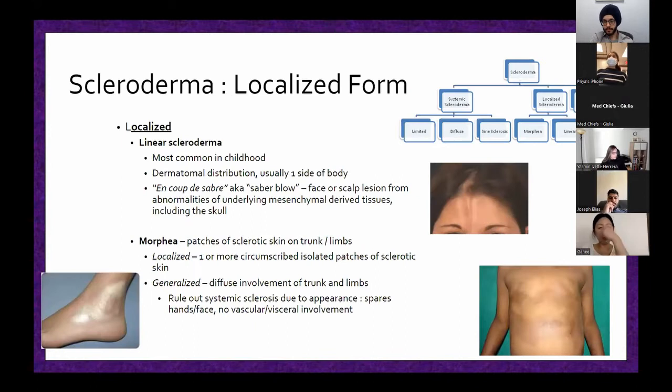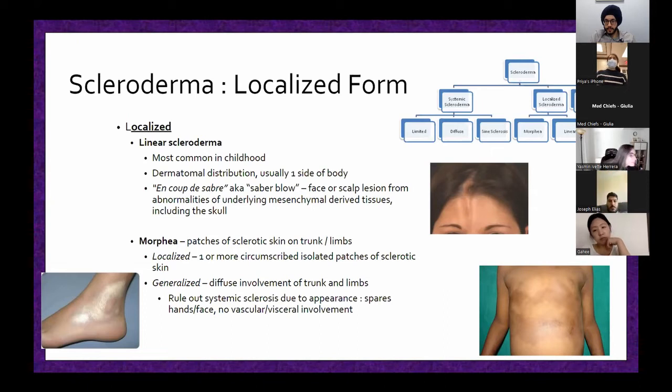So the localized form is called linear scleroderma, which most commonly presents in childhood, and usually encompasses one dermatome on one side of the body. And the most classic NBME picture you may see is a coup de sabre, which is a facial or scalp lesion involving the skull.